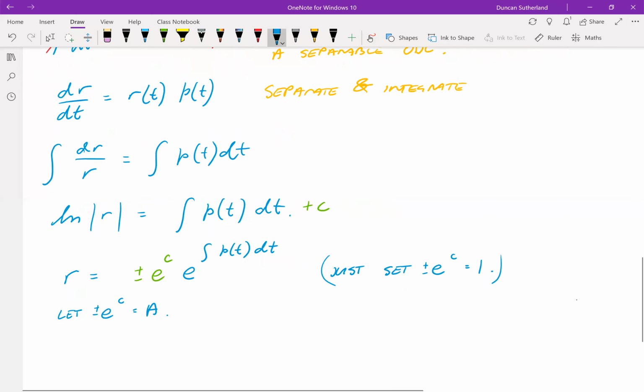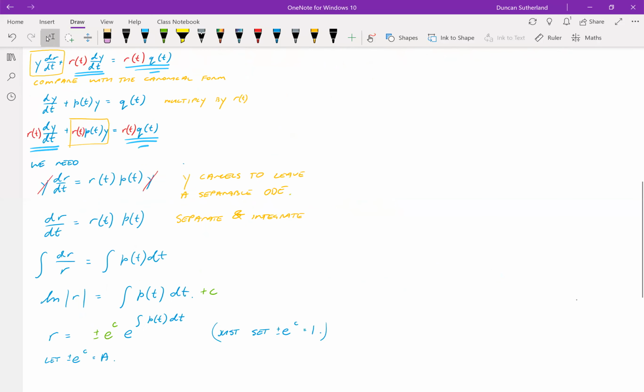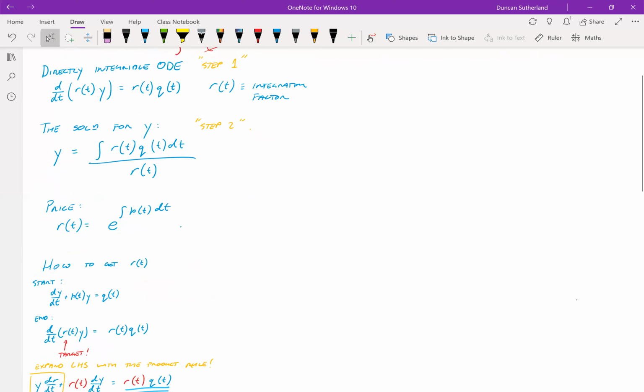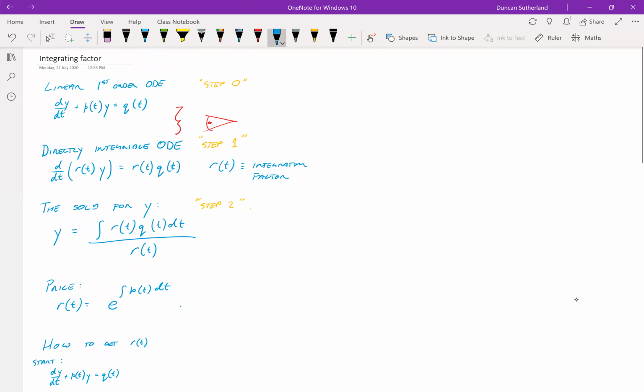So what we've got is we've deduced this magical value of R that lets us go from this linear form here to this directly integrable form here. Okay, so we've moved from step 0 to step 1.